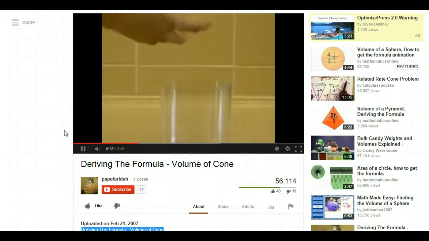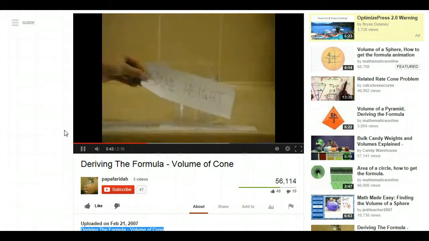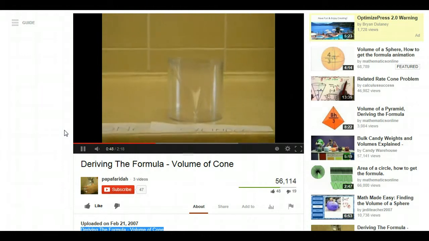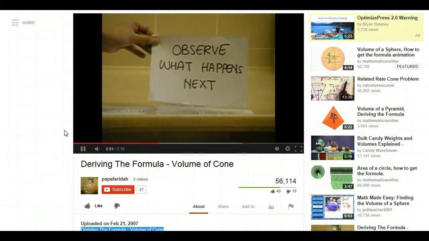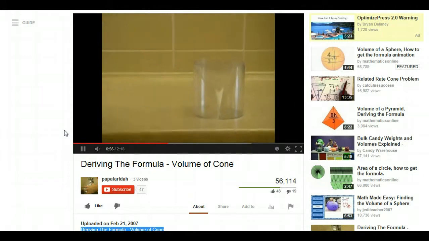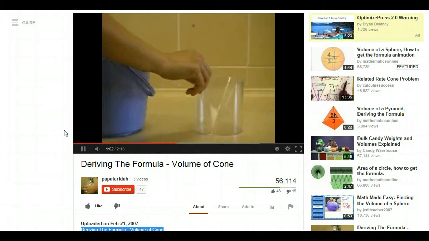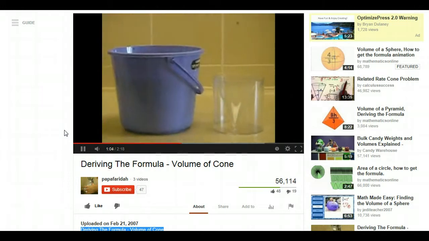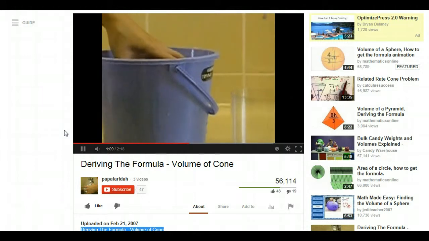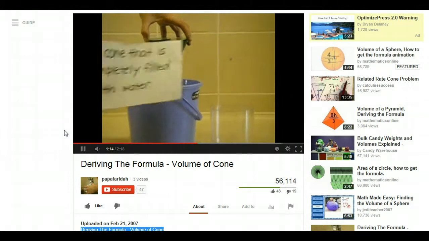I'll let this play. Same height. Ooh, nice.